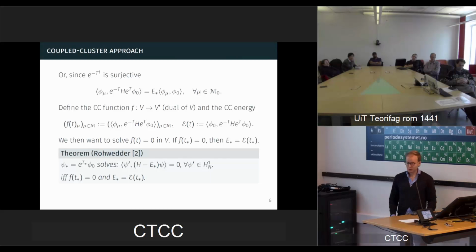This is now the weak formulation of the Schrödinger equation through this CI that we had a slide before, and now after this exponential parametrization we have the coupled cluster formulation.